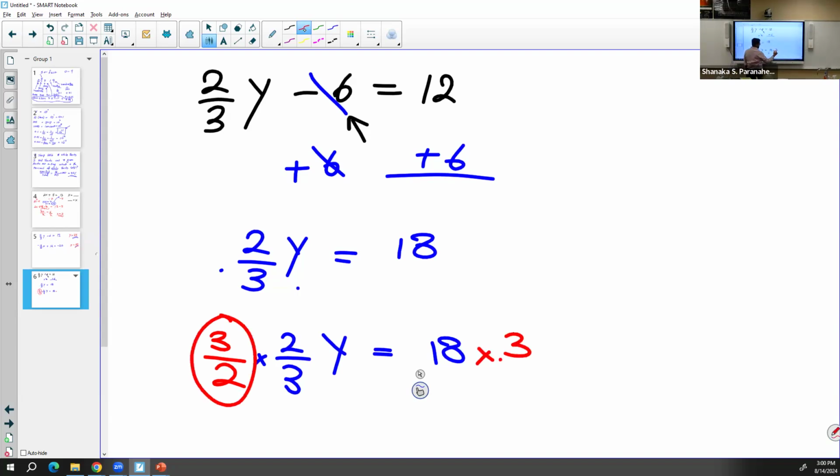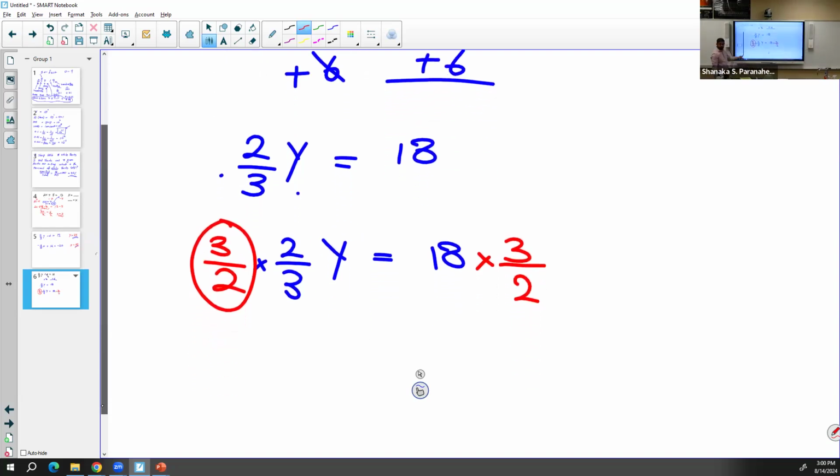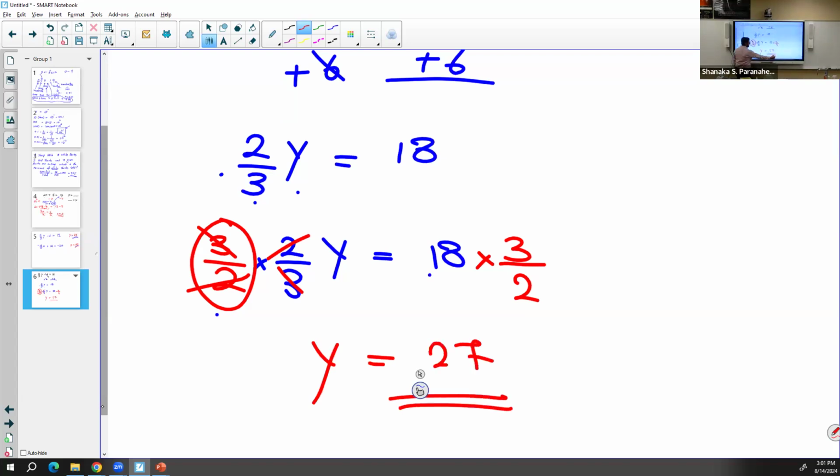We are going to multiply it by 3 and divide by 2, like that. This is called the reciprocal of this fraction. So 3 times cancels out, 2 times cancels out, so everything is going to be 1. So 1 times y equal to 18 divided by 2 is 9, 9 times 3 is 27. That is going to be the answer.